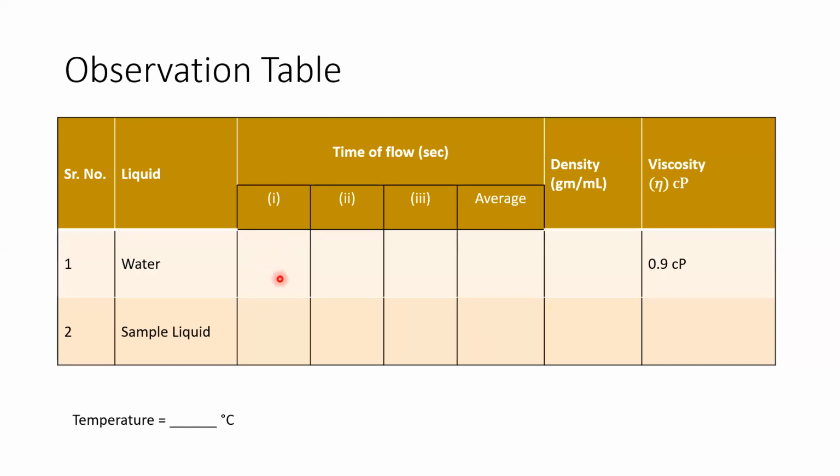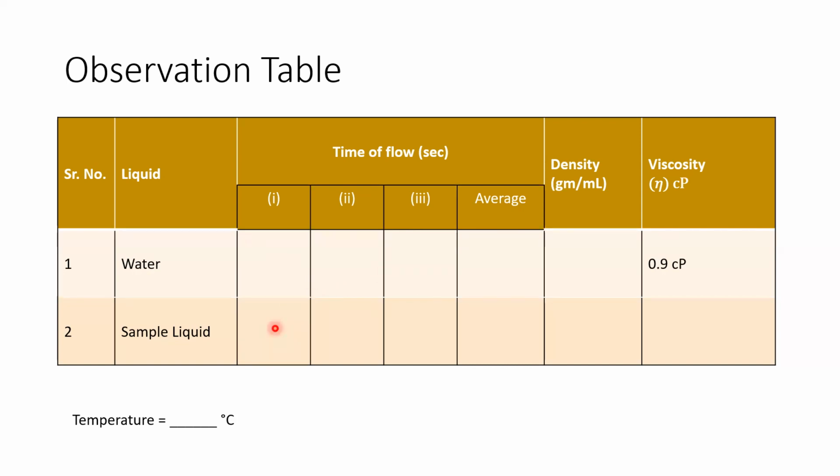The first time, how much time you have noted down, write it here. The next time, and then the third time, whatever time you have observed for water to flow from the start mark to the stop mark, note it down here. Then take the average of all these readings.